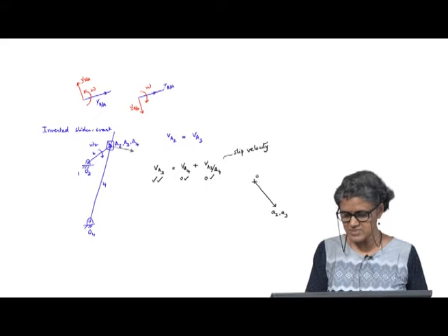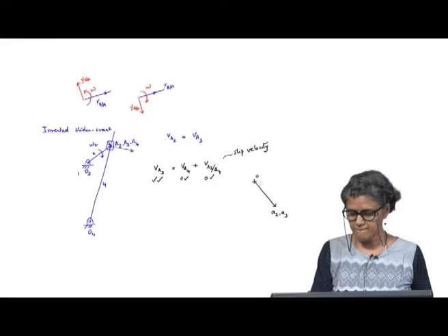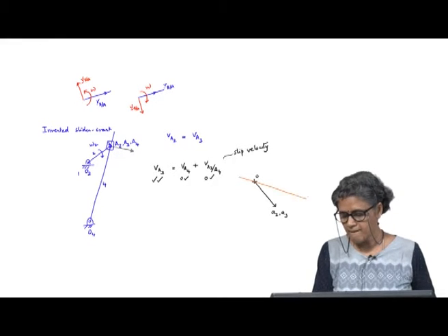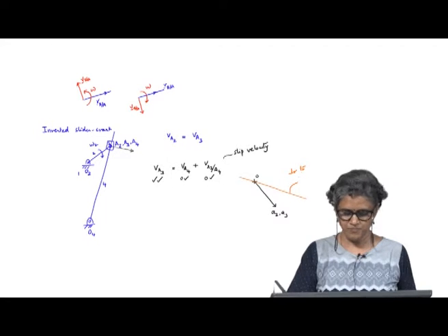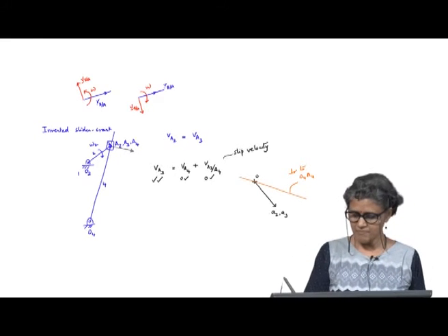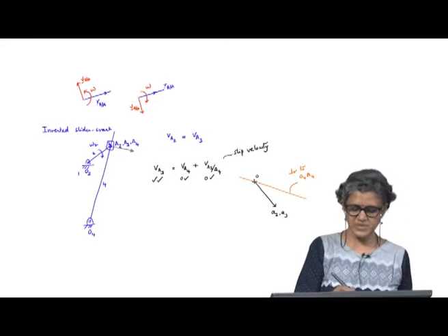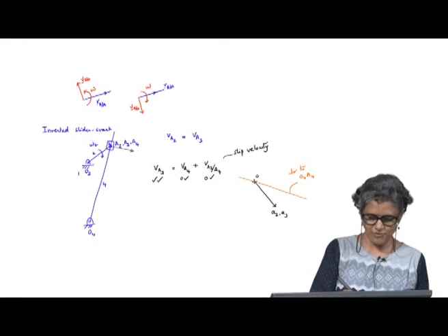So, I again start from O, so this is perpendicular to O4 A on body 4, and then the slip velocity I know is along the direction of this. So, it is along this.